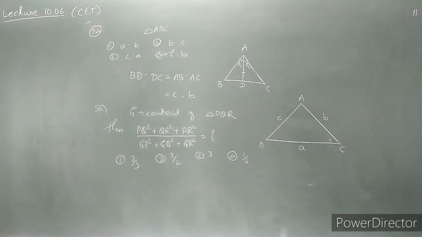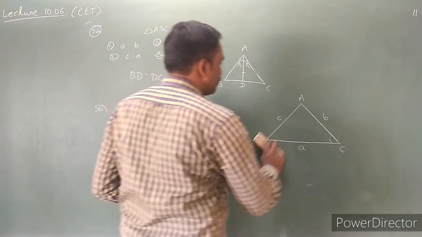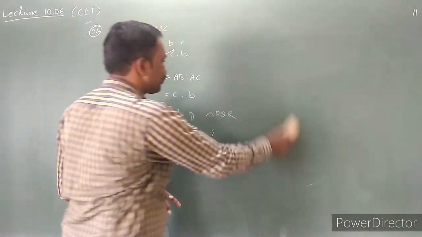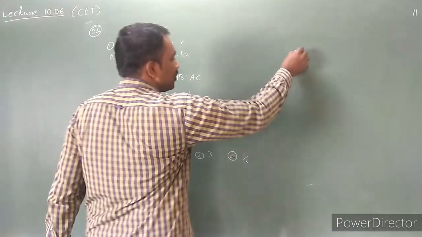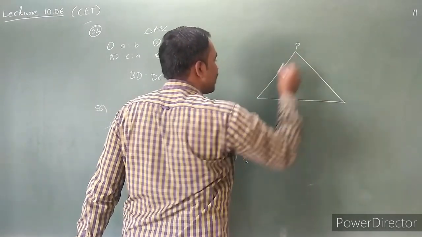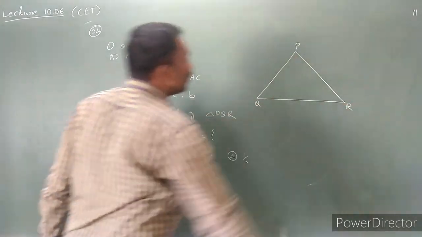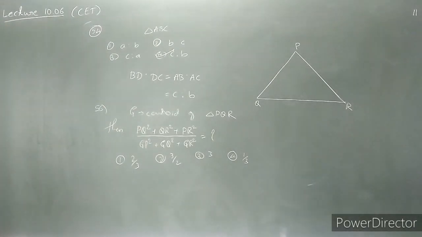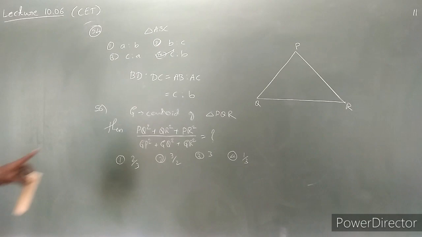Okay, so in such a case, what can we write? Here G is the centroid of the triangle PQR. This is the triangle PQR. Now G is the centroid of the triangle. If G is the centroid, then how to write?